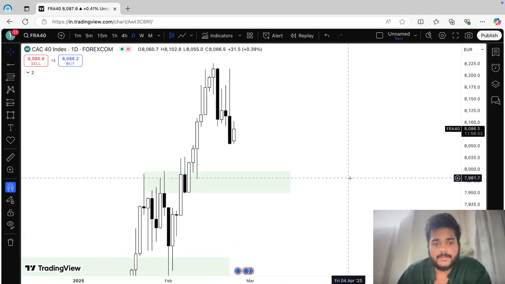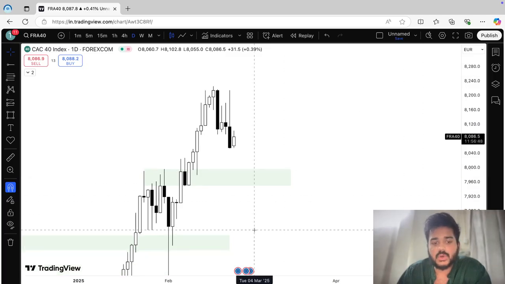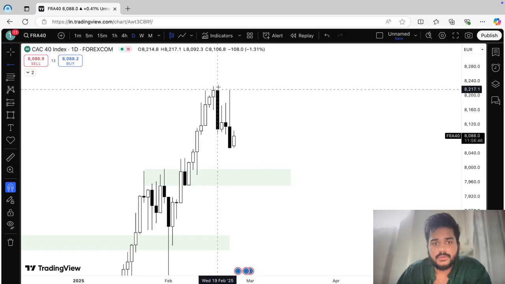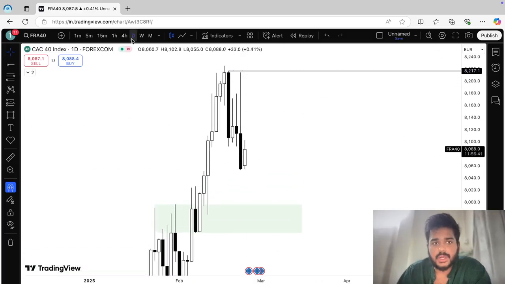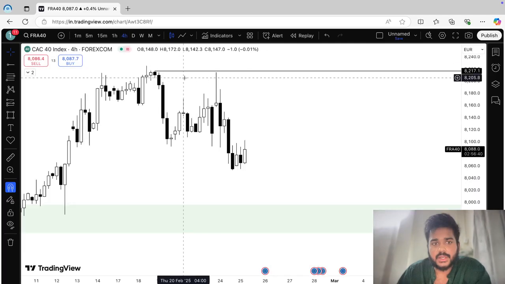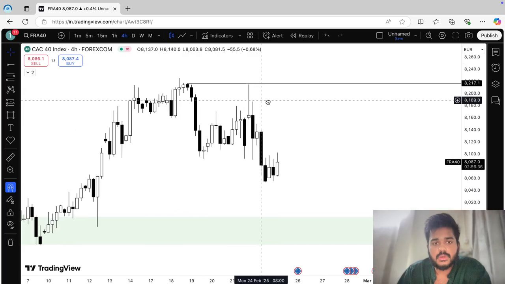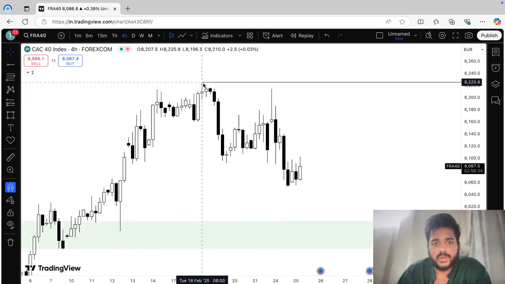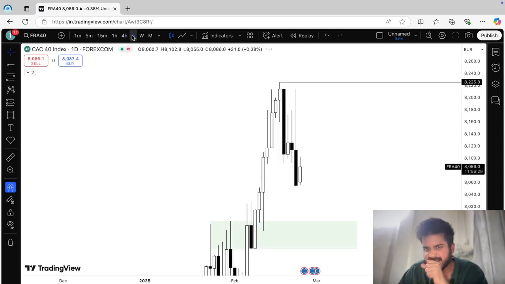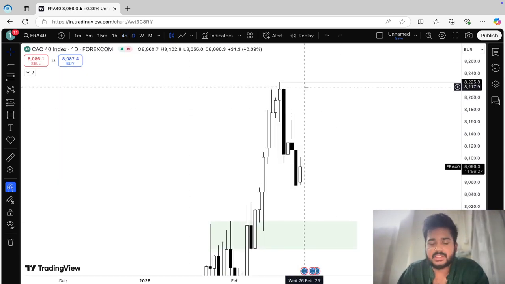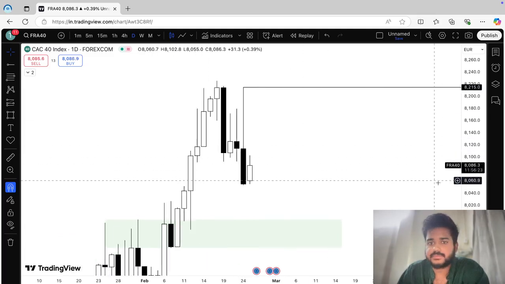And what I see over here as well is we have made some sort of liquidity over here for us to have a clear target. So this can be a really nice liquidity level. We are gonna be aiming for the highs, but I'll just exit over here, okay?